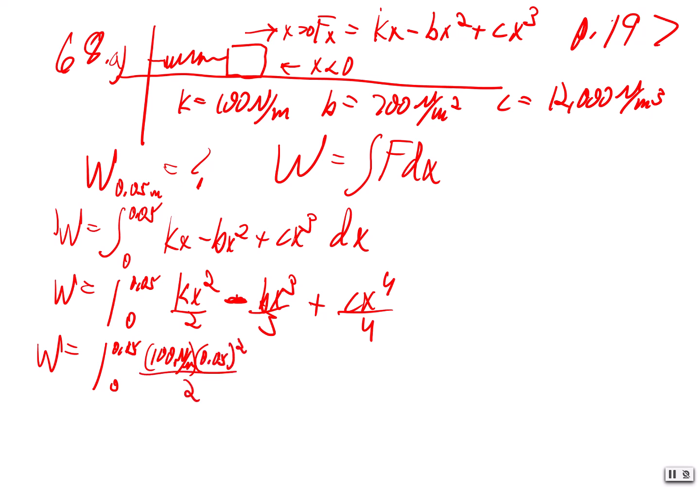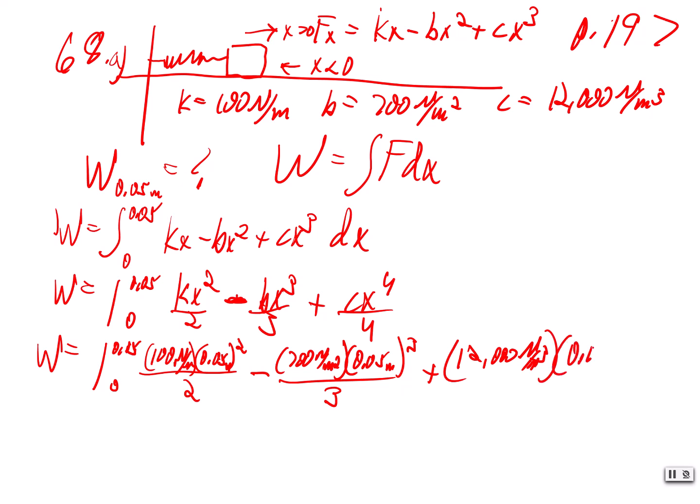If you want to divide that out and make it 50, you can, but you don't have to. Minus b, which is 700 newtons per meter squared, times 0.05 meters cubed over 3, plus 12,000 newtons per meter cubed times 0.05 to the 4th over 4.